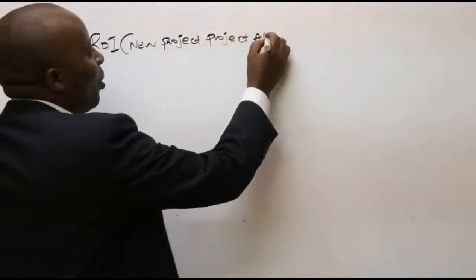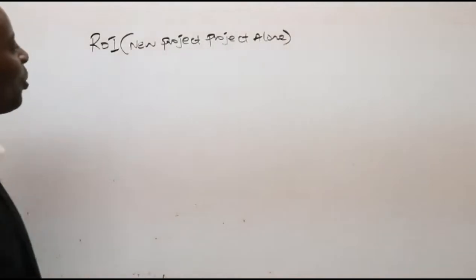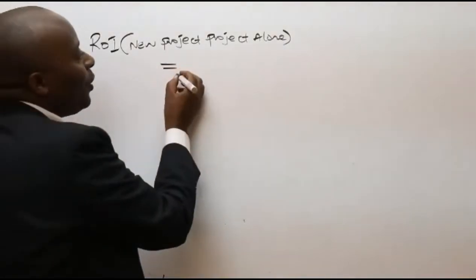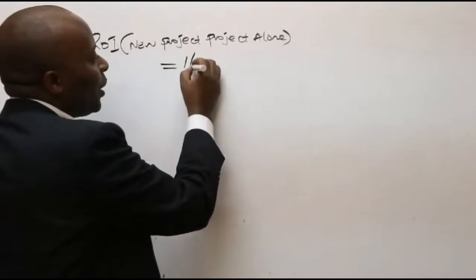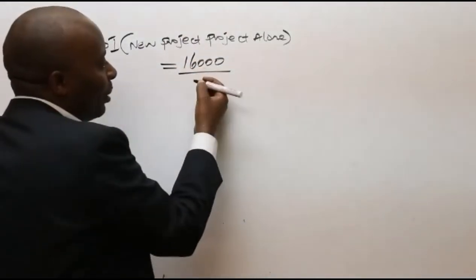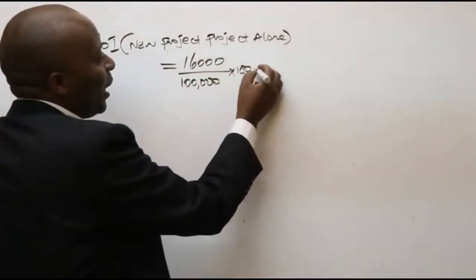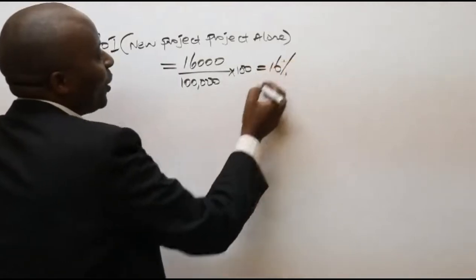So I take the profit of the new project, which is 16,000, all over the investment. How much are we pumping in? We are pumping in 100,000. This will give me what?